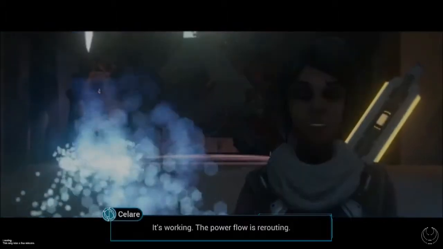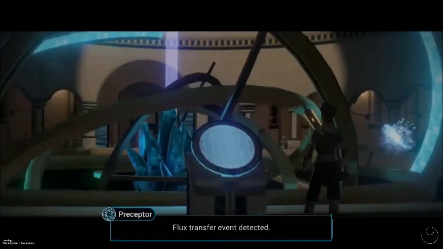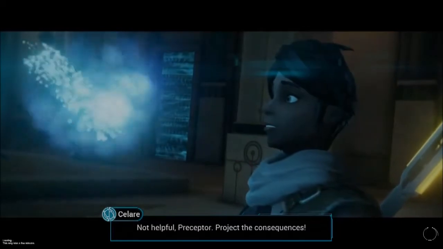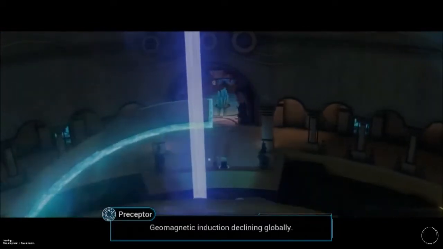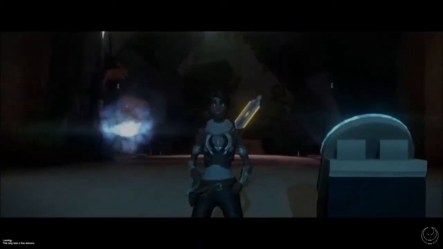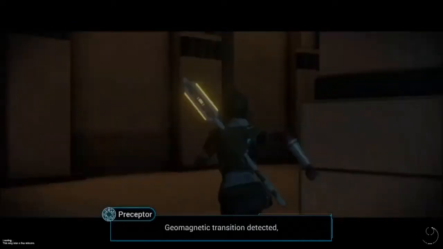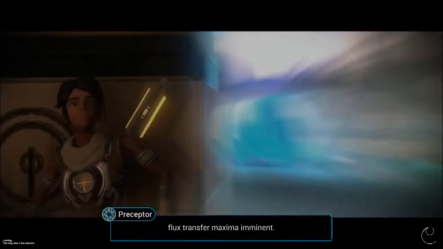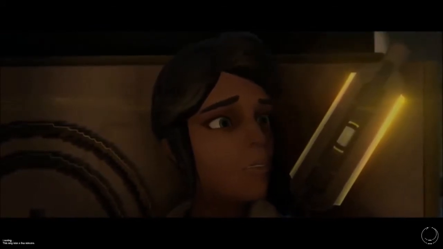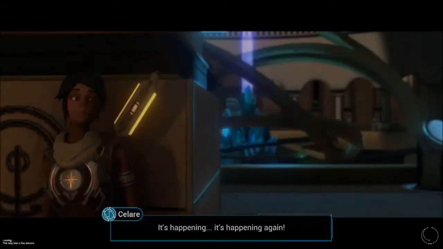It's working! The power flow is rerouting. Flux transfer event detected. Not helpful, Preceptor. Project the consequences. Geomagnetic induction declining globally. Excess current in the magnetosphere discharging locally. Hang on to something. Geomagnetic transition detected. Flux transfer maximum. It's happening.